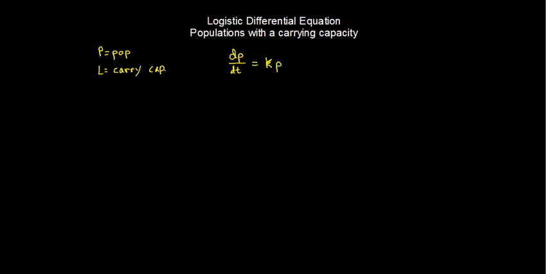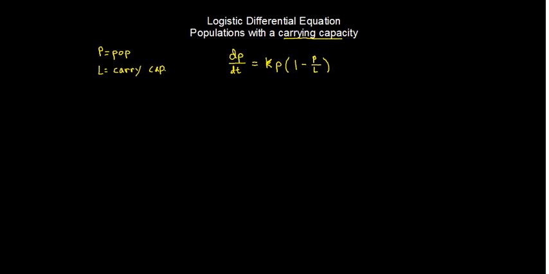So the bigger your population, the faster the growth. However, with carrying capacity, we add something to that. So what we add here is 1 minus the population over the carrying capacity, L.